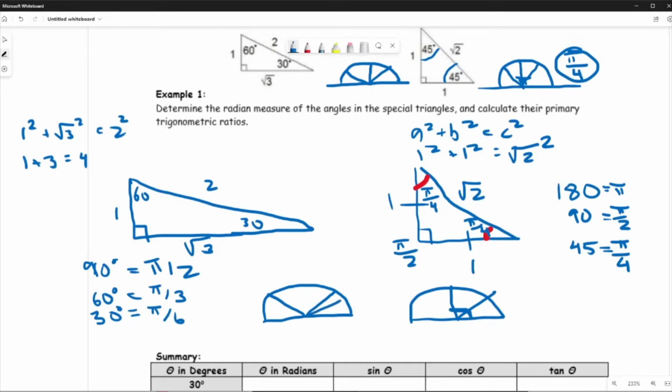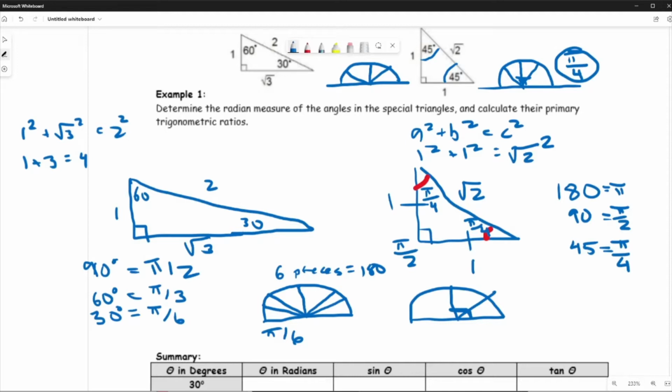If you draw pi over 6, you're just drawing 6 equal parts. If each one is 30, it's 30, 60, 90, 120, 150, 180, so 6 pieces is equal to 180. Therefore, we're talking about pi over 6, because remember, 180 is pi.